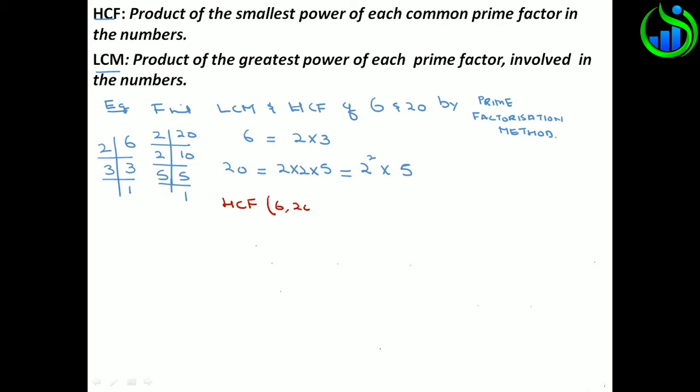HCF of 6 and 20: HCF is the product of the smallest power of each common prime factor involved in the numbers.